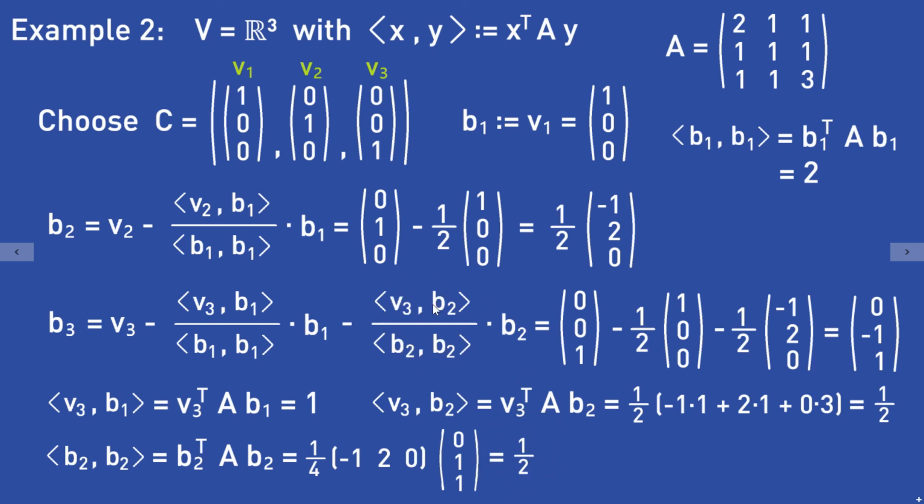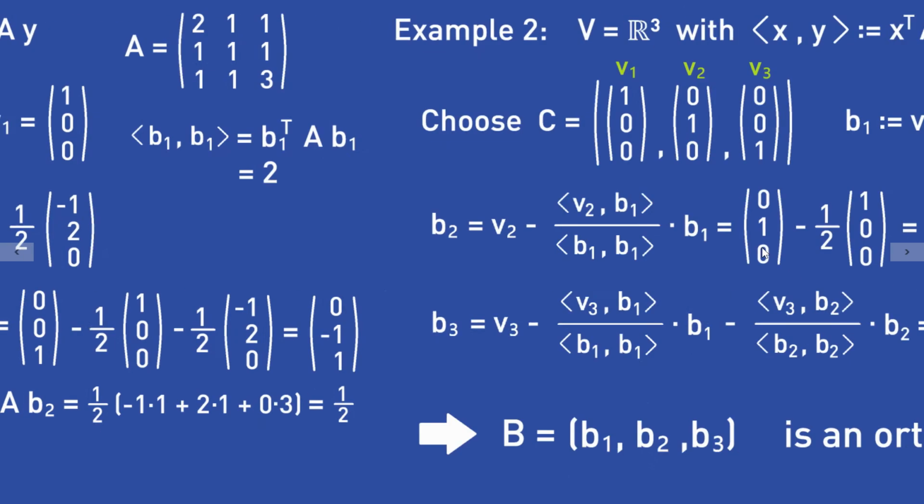So this here becomes 1. So in the end we get minus B2, which is that here. By solving this, we get the vector 0, -1, and 1. So the vector B3 is equal to that vector here.